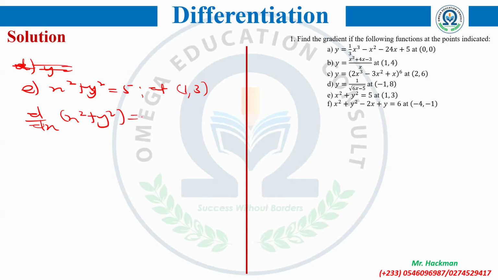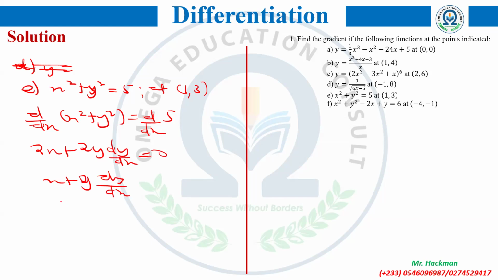Is that clear? So this gives you 2x plus, now we are mature, 2y dy/dx is equal to 0. So we are going to get what? I can divide through straight away. So I'll divide through by 2, and that gives me x plus y dy/dx equals 0.